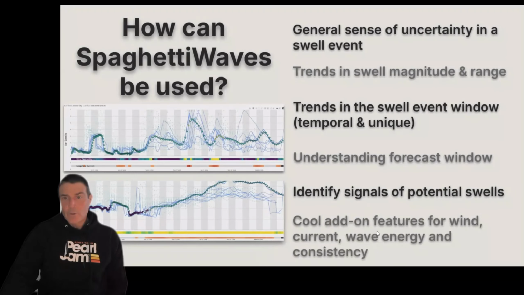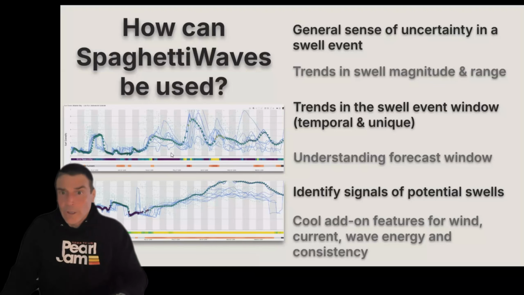And the cool add-on features for the wind: the wind favorability, the current, the wave energy. I'm going to add wave energy and wave consistency to these indices down here so we have even more information. But these features allow us to look for favorable periods in the future and then try to link those with swells that are big enough to surf, even if it's a longboard day or a shortboard day.